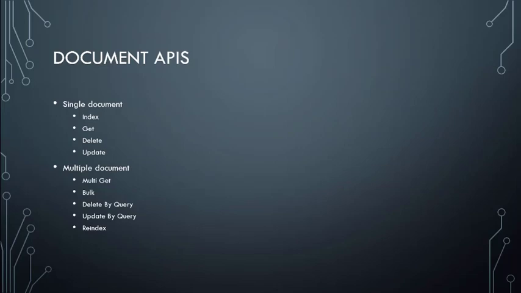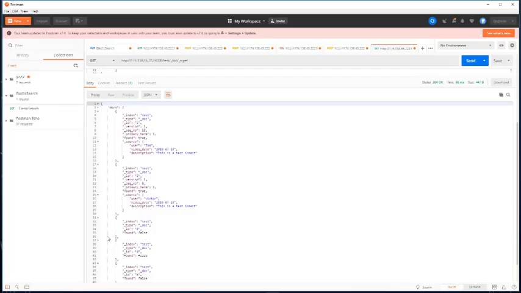Finally, the other API endpoints are used, like I mentioned, to bulk requests, to delete by query, which works very similarly to the update by query. Let's see an example. In this case, we're going to make a post request.